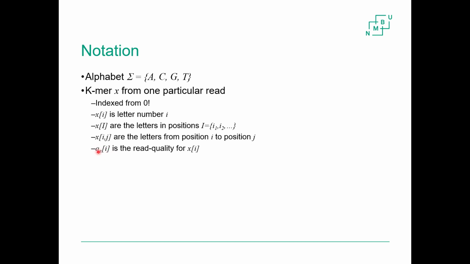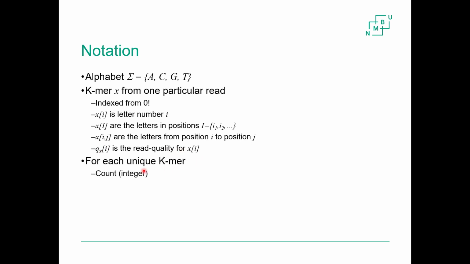So this just symbolizes this quality. But actually, it's not actually the quality scores, it's more like the probabilities, as we saw in the previous module, that we can always convert these quality scores to probabilities. So it's actually the probabilities that are used in this paper.